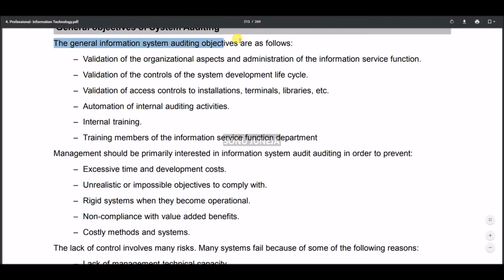The general objectives are as stated: validation of organizational aspects, and administration of the information system function.